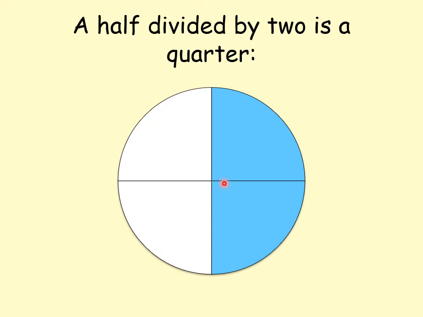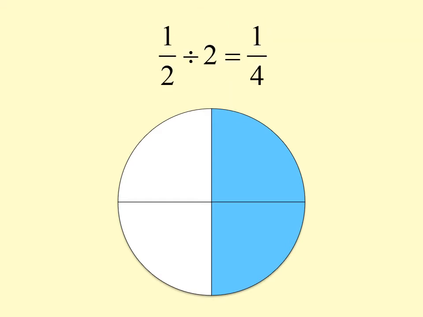So once we've divided by 2, there it is, it gives us our quarter. So if you think about what we've done, we've taken a half, we've divided it by 2, and that's given us a quarter. So that's how we write that calculation.